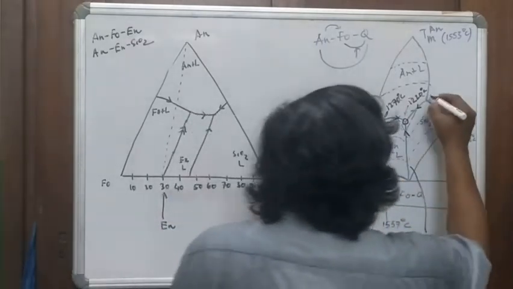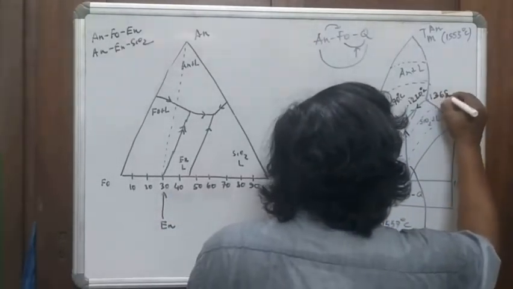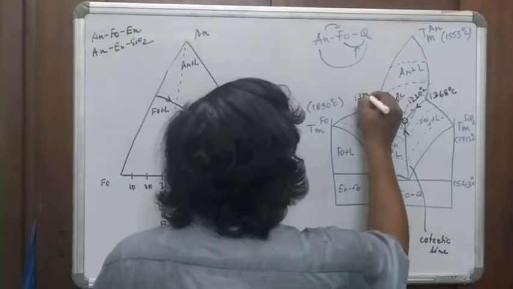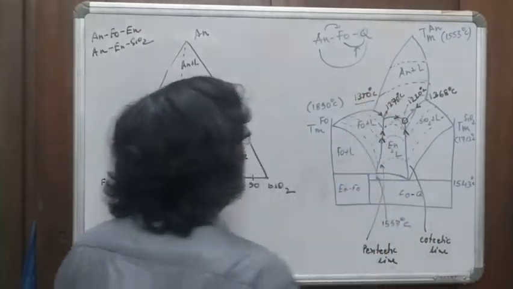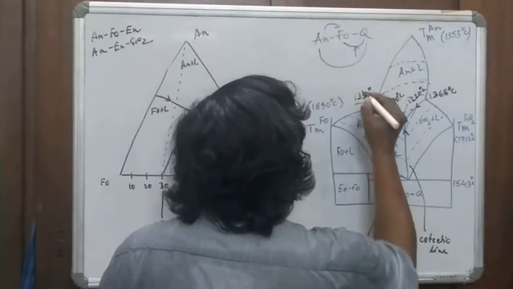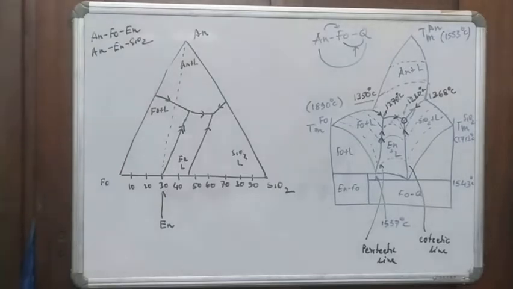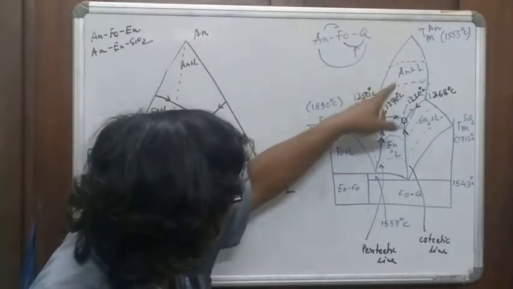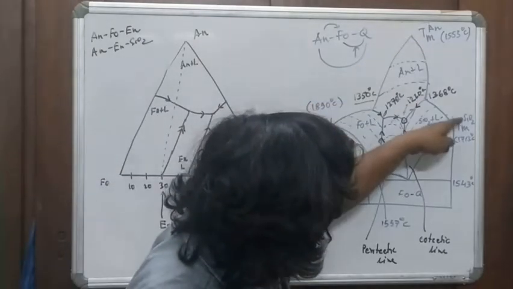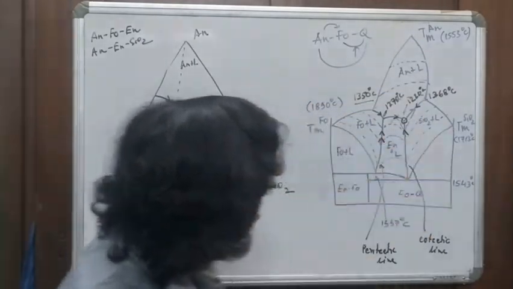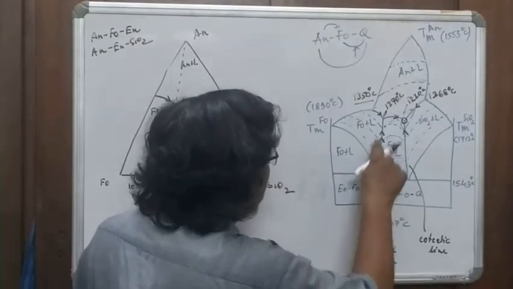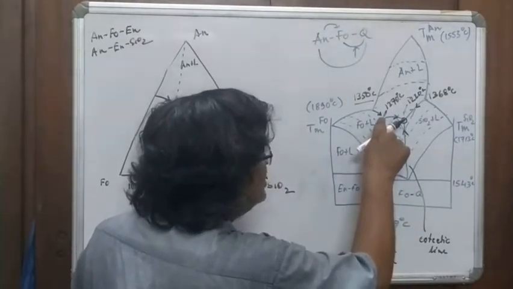The eutectic is 1368 degrees centigrade, and this is 1350 degrees centigrade. So this eutectic is 1350, which is the anorthite forsterite eutectic. The anorthite silica eutectic is 1368. The peritectic point changes from 1557 to 1270 degrees centigrade here.